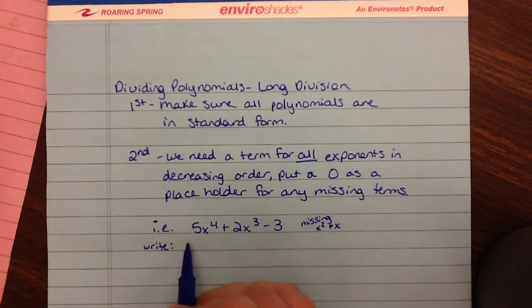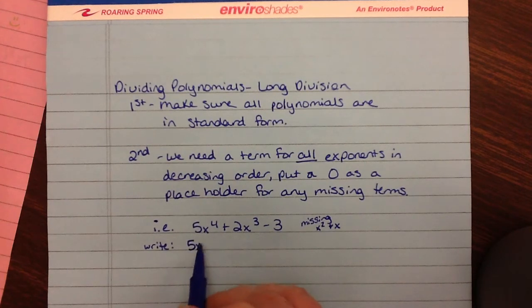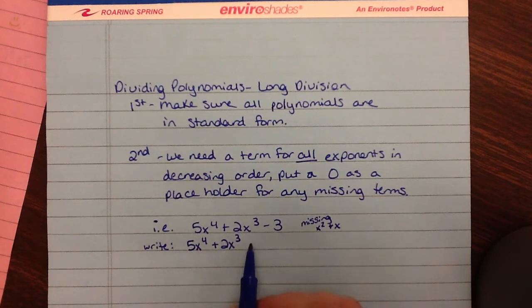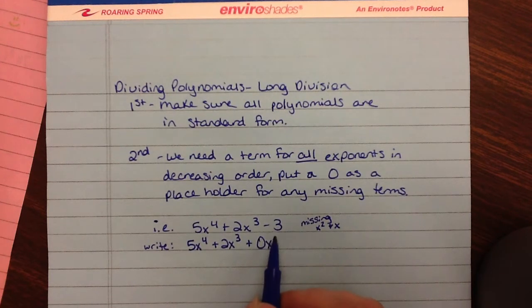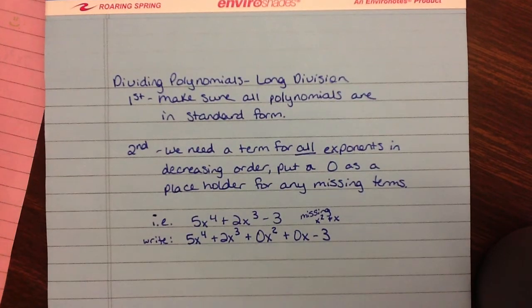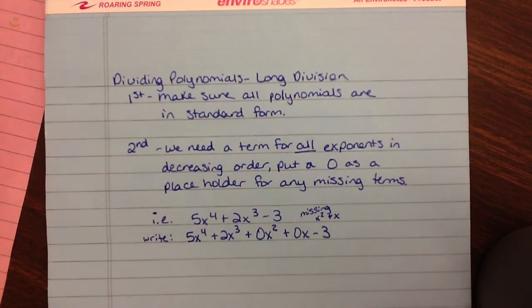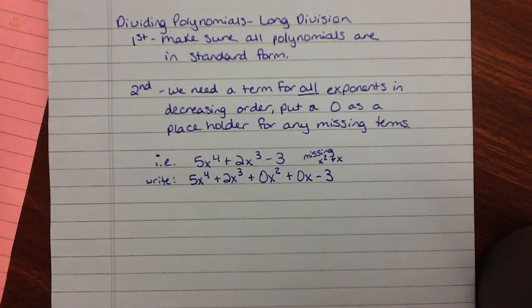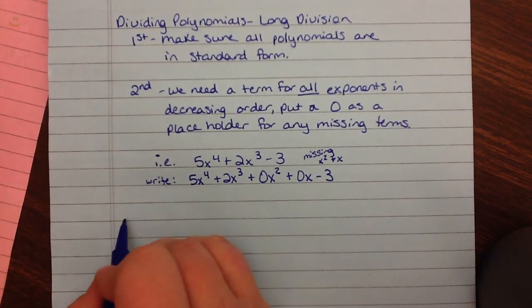So if I were going to write this and set it up for polynomial long division, I would bring down these first two terms, 4, 3, and then I would need to put in a 0 for my x squared term and a 0 for my x term, and then bring down my constant. See, now I have 4, 3, 2, 1, and no x's, in decreasing order with a term for all exponents. We need to make sure that's going on or we won't have the correct answer.